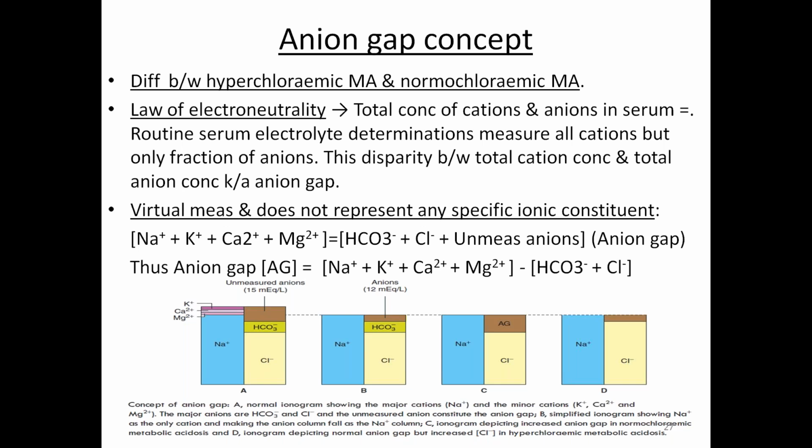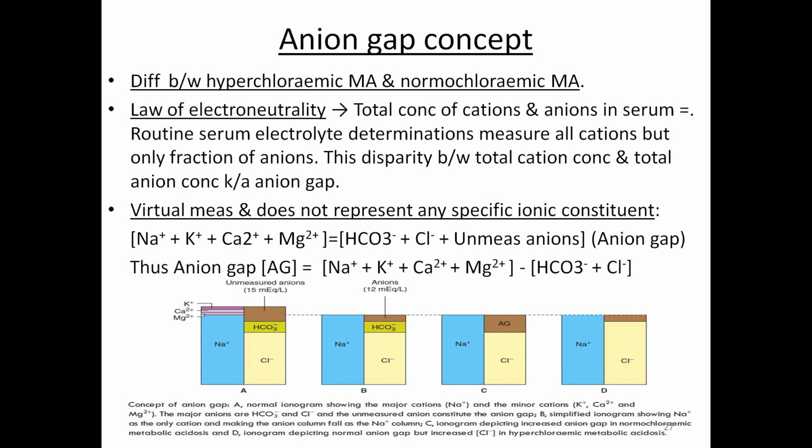Now, again, an important topic. You can be asked in exams about what an anion gap is. This concept of anion gap basically helps us differentiate between hyperchloremic metabolic acidosis and normochloremic metabolic acidosis.